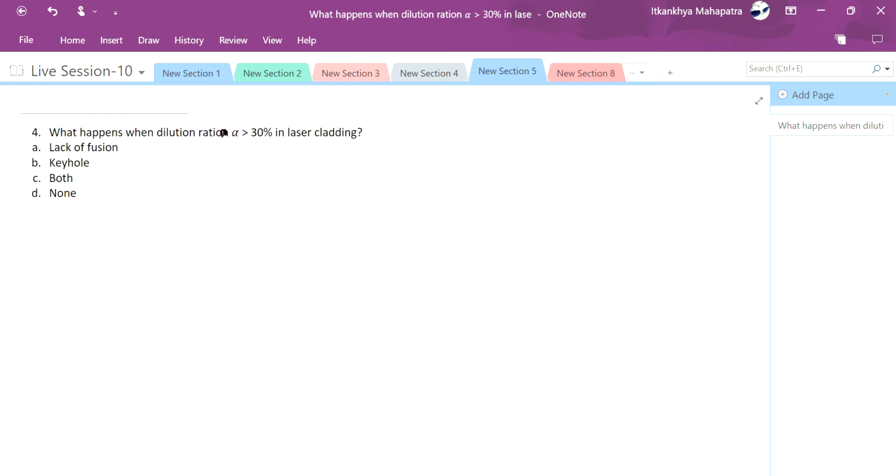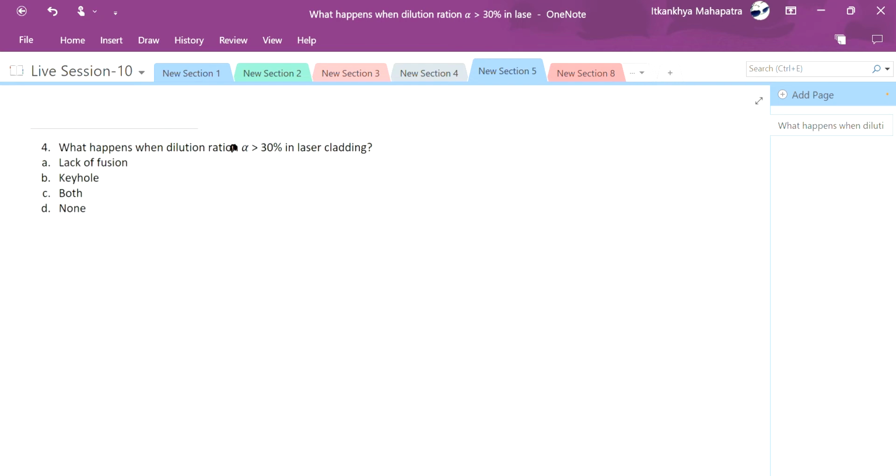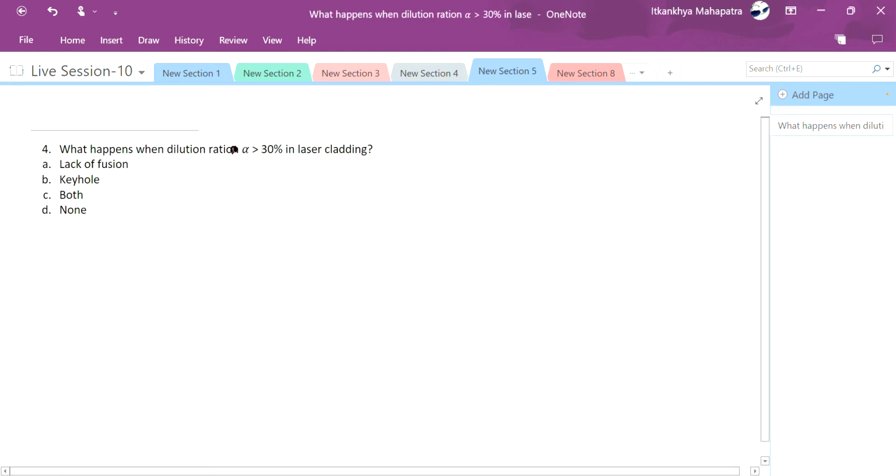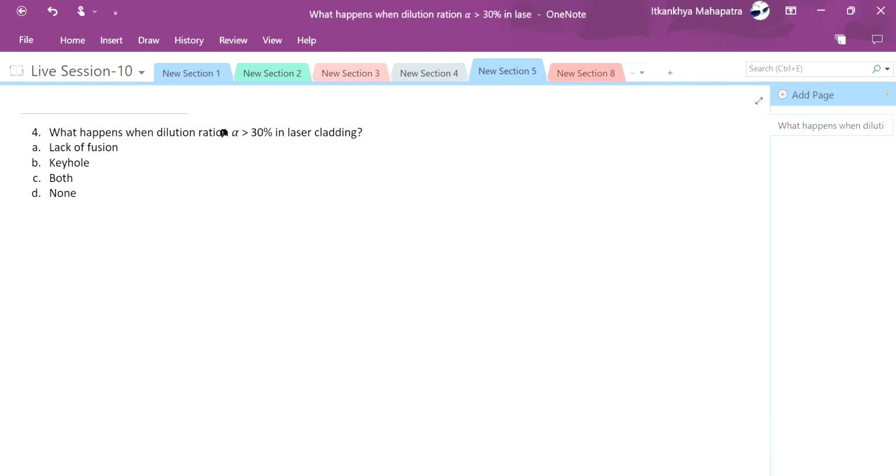So dilution ratio is defined as alpha equal to delta by beta plus delta, into 100.